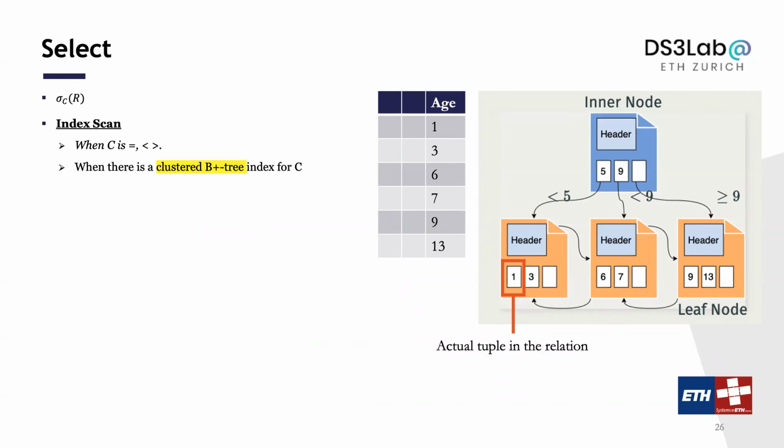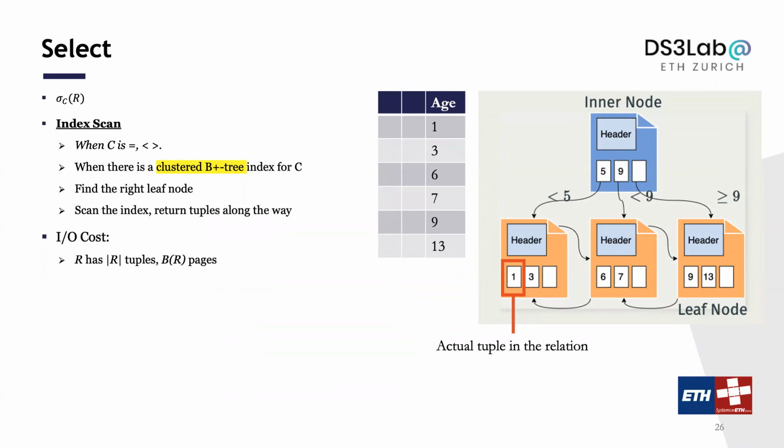And similarly, if you have a clustered B-tree, you can also use it. You find the right leaf node, then you scan the leaf nodes and fetch the right tuples right away. You do not need to go to the heap file because you don't really have it here. Assuming R has R tuples and BR pages, what is the cost?